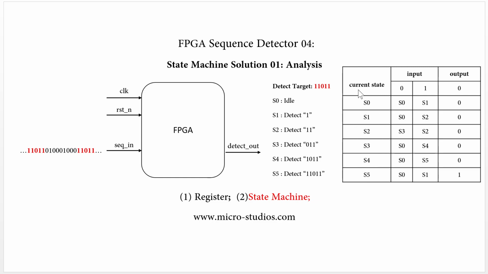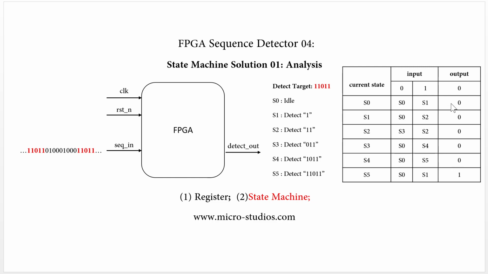This part is current state. Okay. This part is the next state. The next state, according to different input, it will switch to different states, okay?